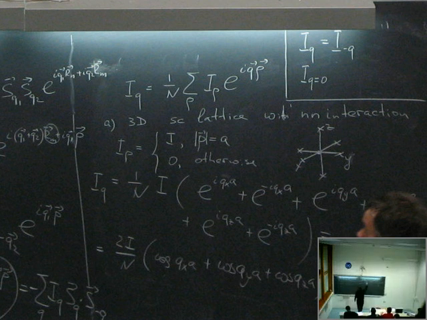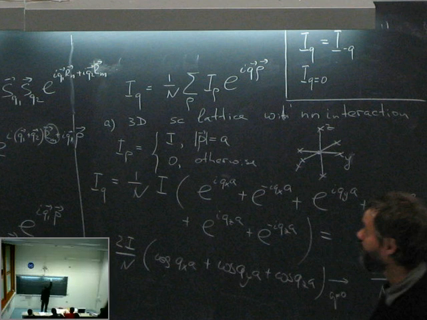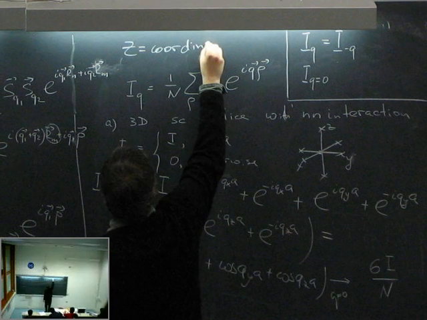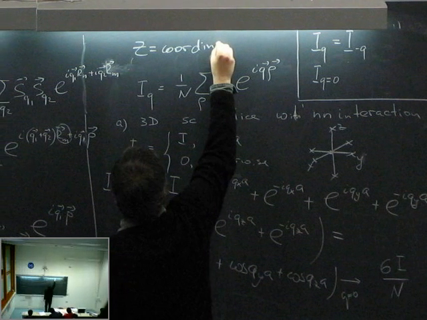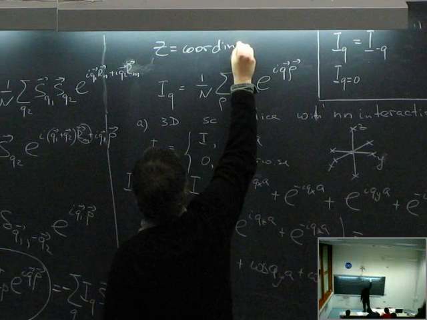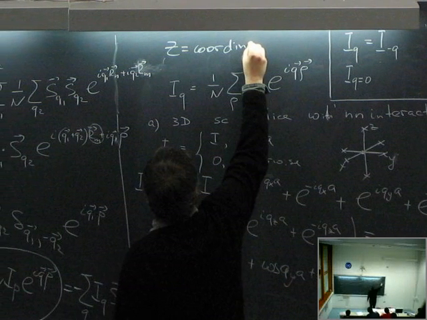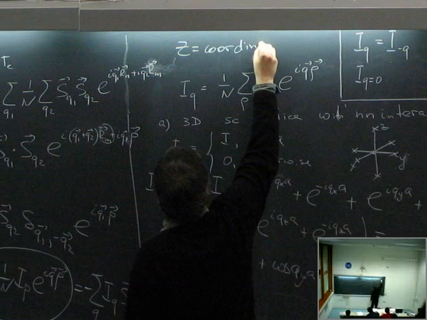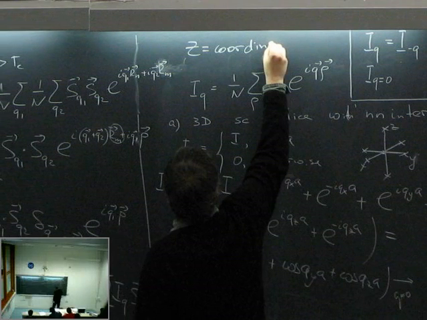So if I denote z as the coordination number, then it is equal to I z over N.